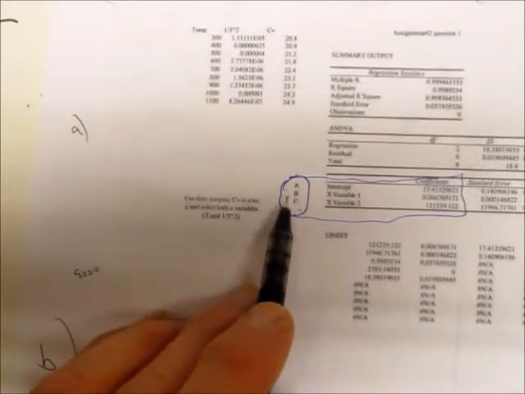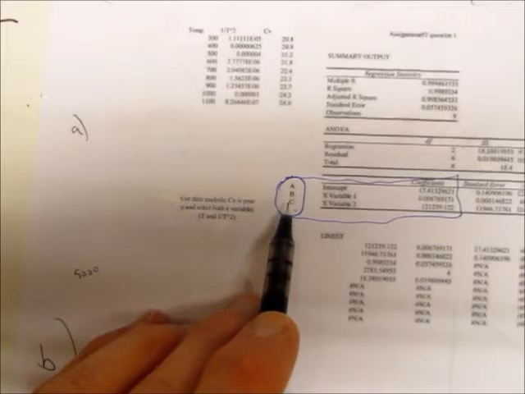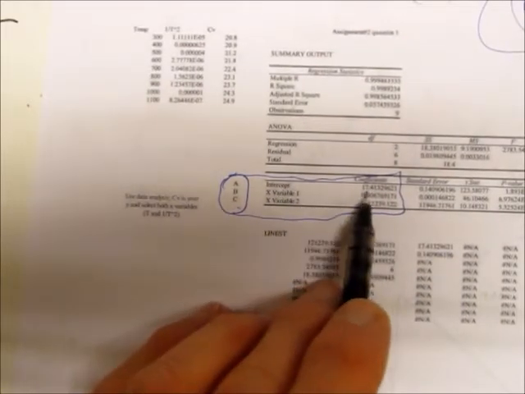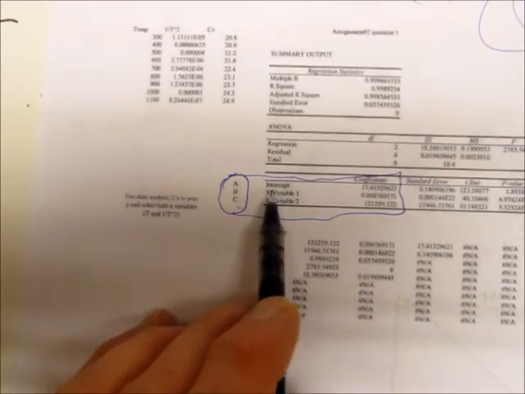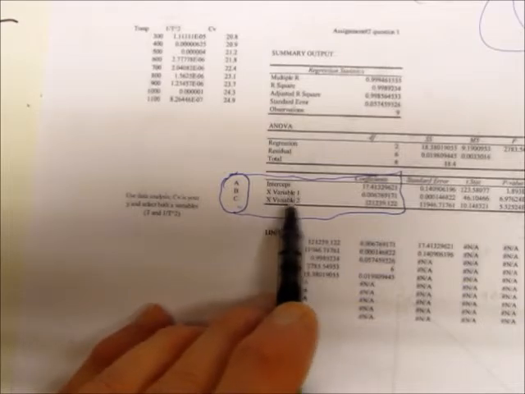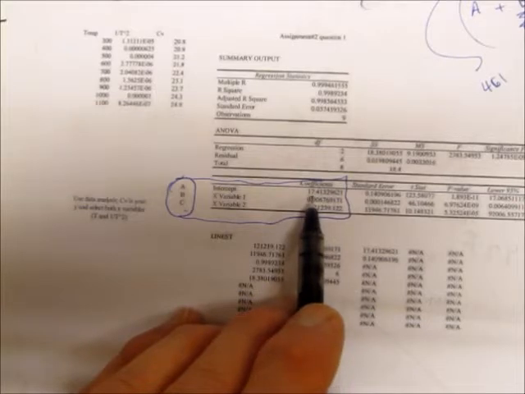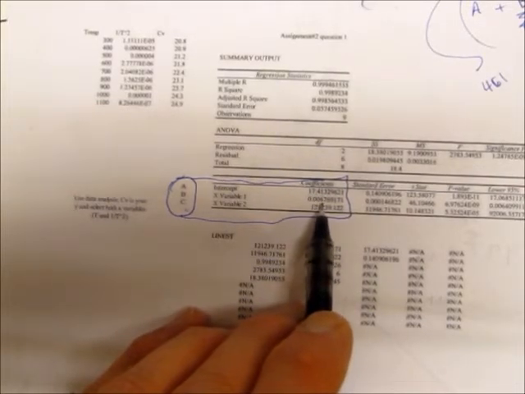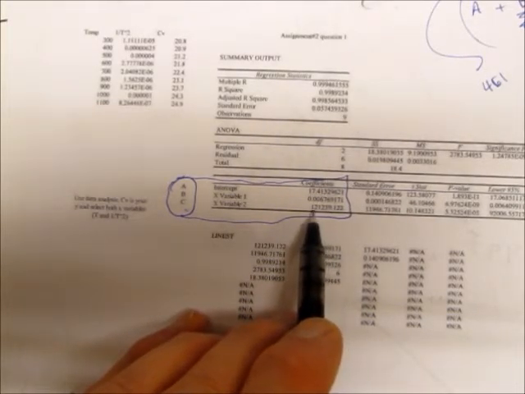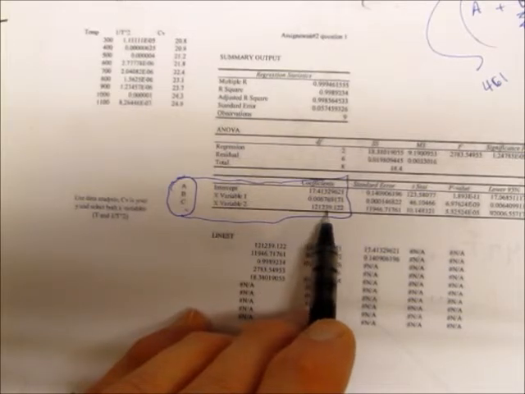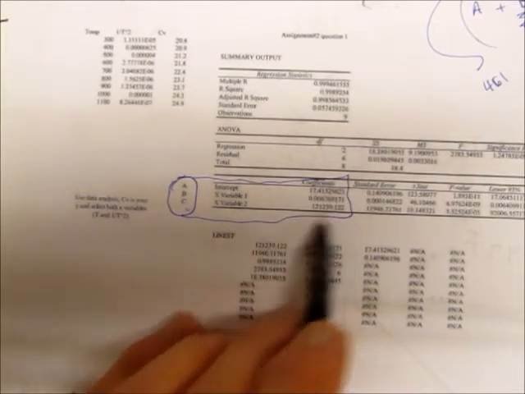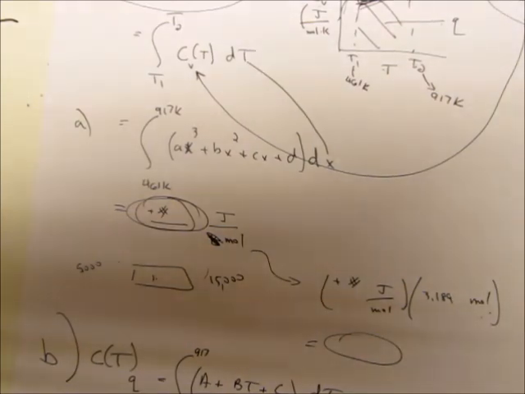In all of this gobbledygook, the A, the B, and the C terms come out right here: the intercept was the A, the X variable 1 was B, the X variable 2 was C. And these are the numbers that I get: 17.4, 0.0067, and then this one was, wow, 121,239. But I need to see this printout when you guys do your own, something similar. So you go through the exercise as I had to do it. So that is question 4.